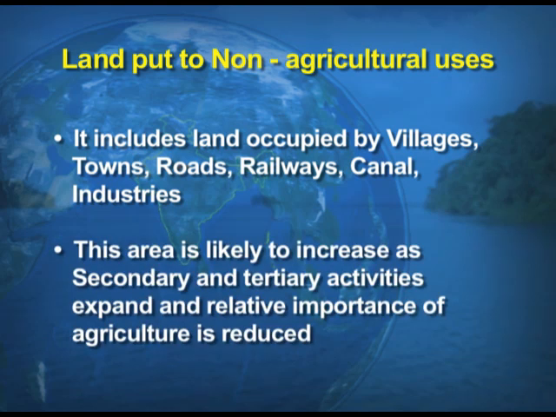This area is likely to increase as the secondary and tertiary activities expand and the relative importance of agriculture is reduced, because in India the trend now is that people are shifting from rural areas to urban areas in search of better employment opportunities. So that means we are shifting from agricultural activities to non-agricultural activities, known as secondary or tertiary activities.